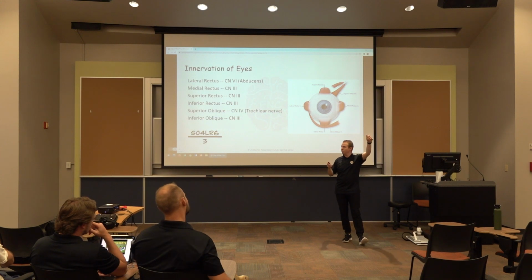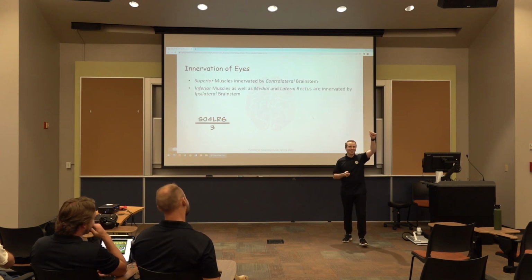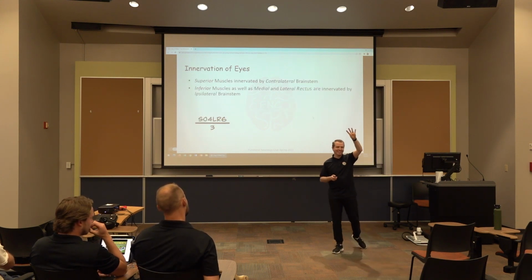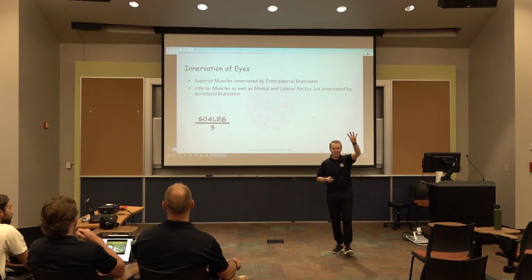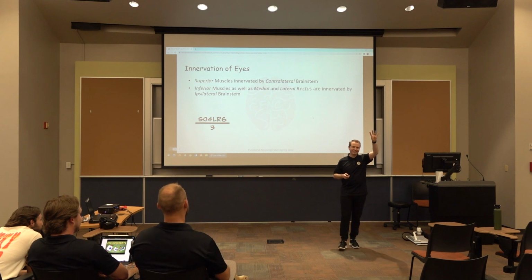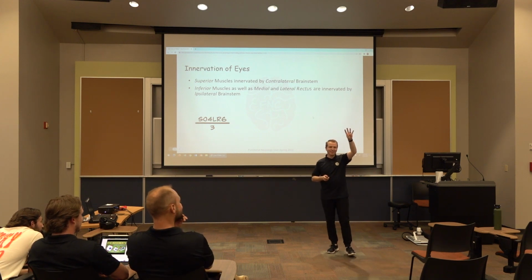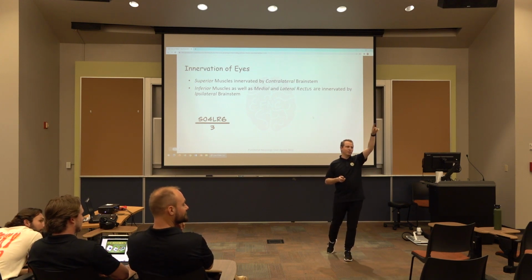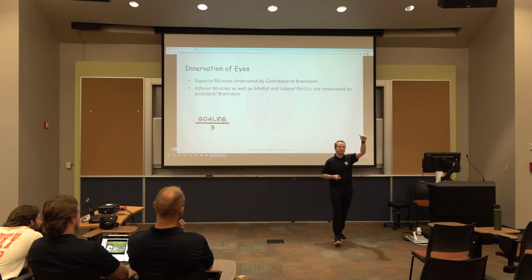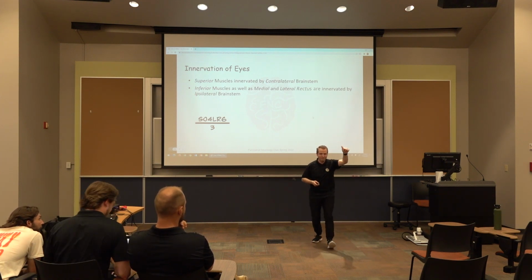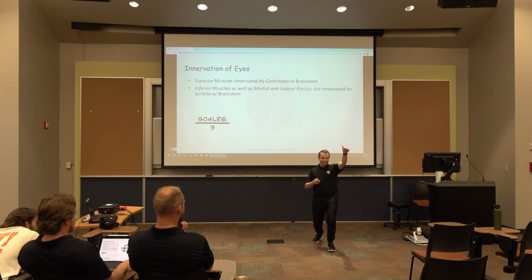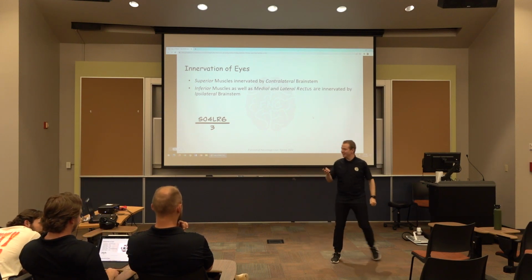Cranial nerve 4, without looking. Trochlear nerve, alright. And then cranial nerve 6 is the abducens nerve, sweet.